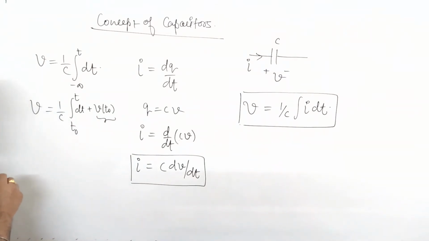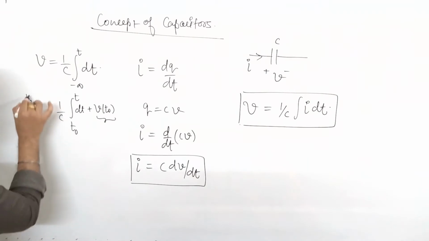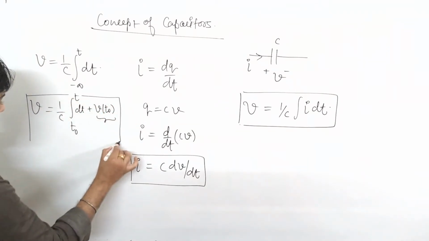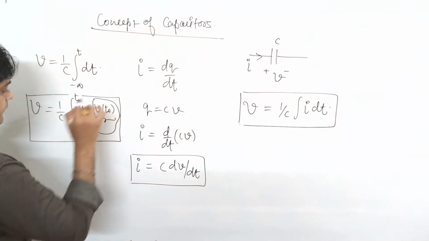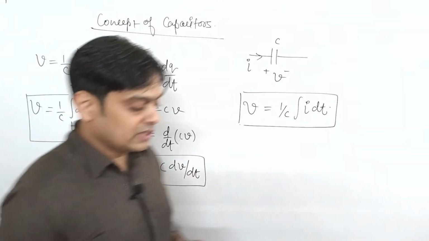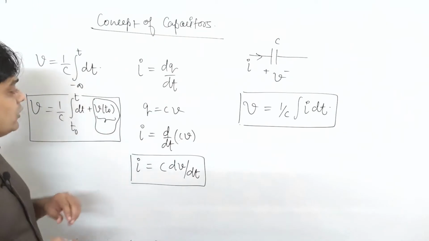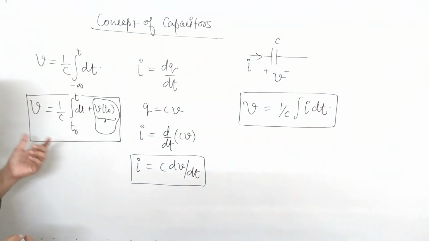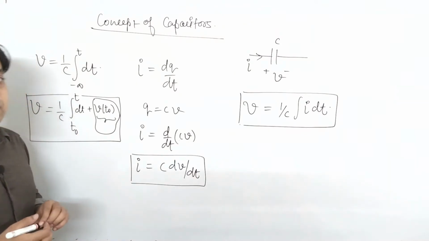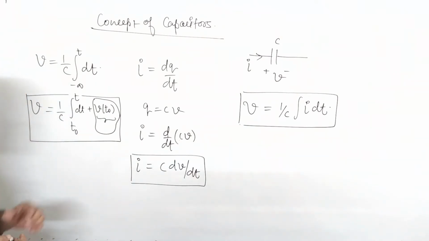So the voltage across the capacitor has some initial voltage. We say that a capacitor has some memory.